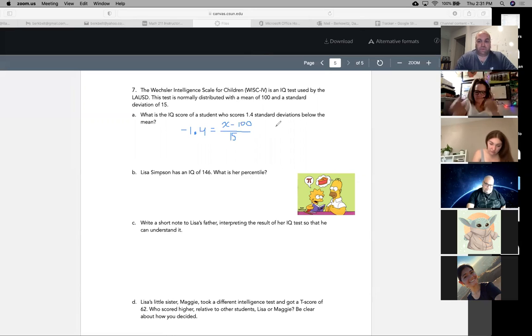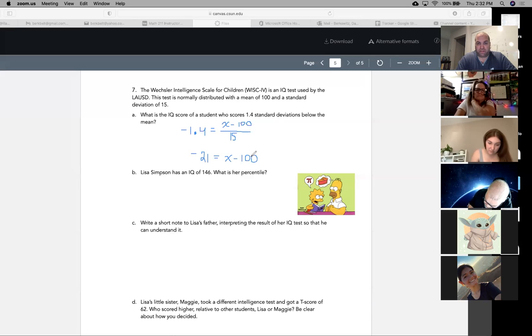So negative 1.4, which is my z-score, is equal to x minus 100 over 15. So how do I solve this mathematically? Multiply both sides by 15. I get negative 21 is equal to x minus 100.